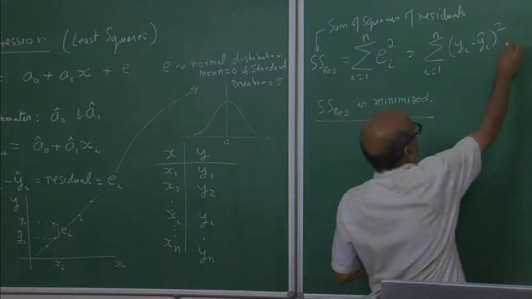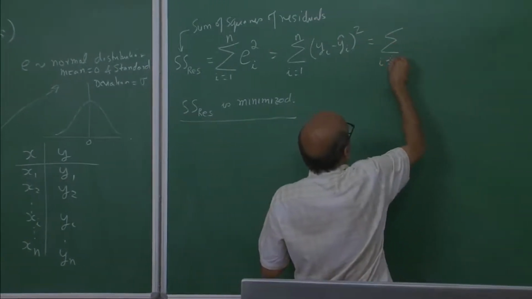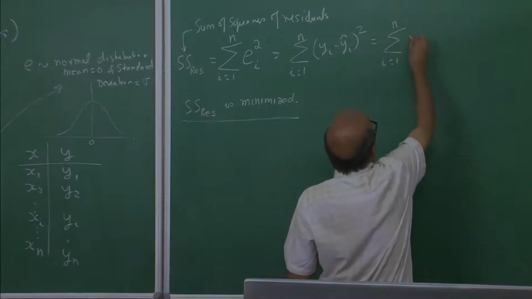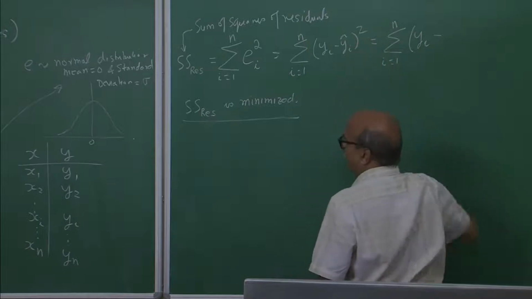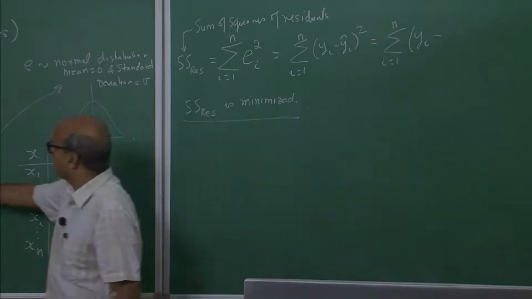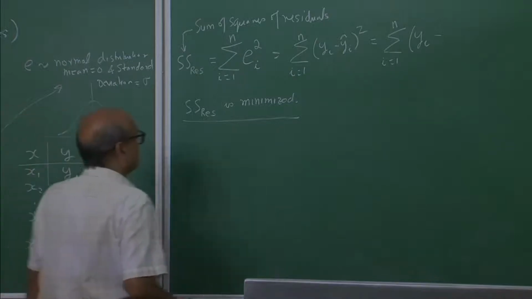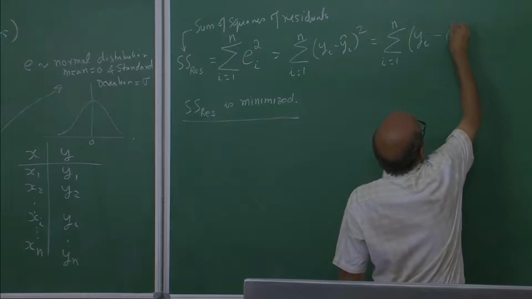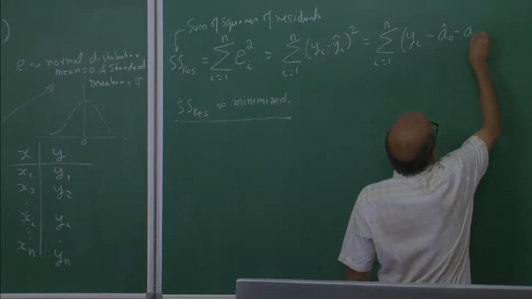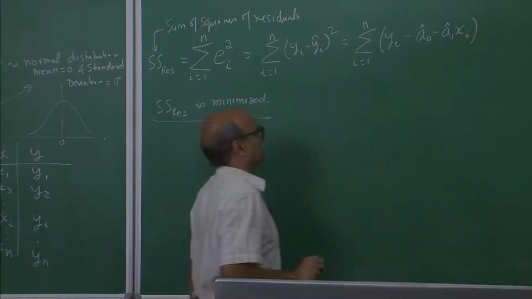So, let me expand this further. y_i minus, now instead of writing y_i cap, I expand y_i cap as a0 cap plus a1 cap x_i, and hence this will become y_i minus a0 cap minus a1 cap x_i.